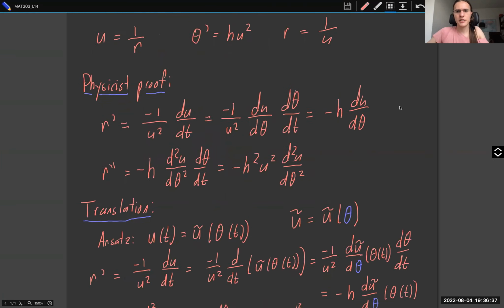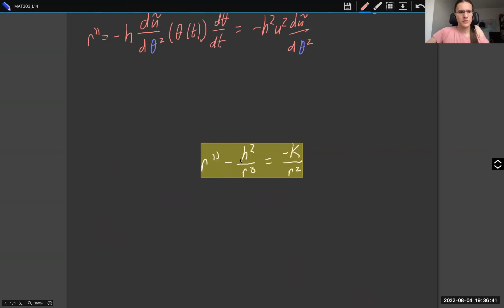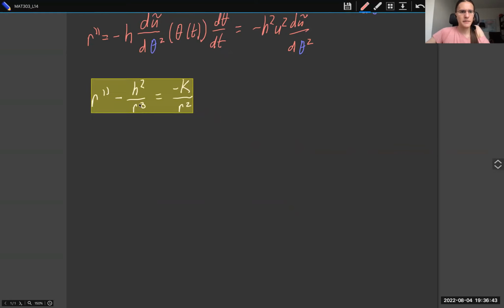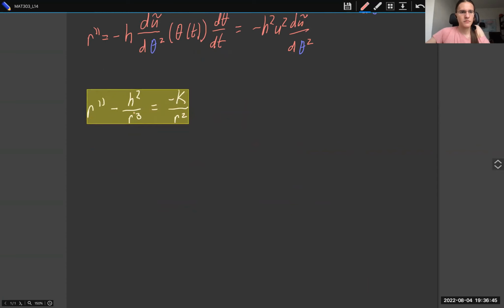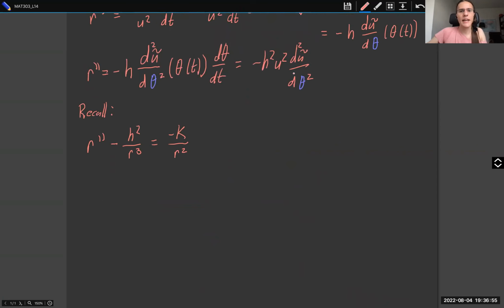I think it should still be copied. If I cut it and then undid it. So recall this. And so what we then get is that I'll write it in terms of U tilde.